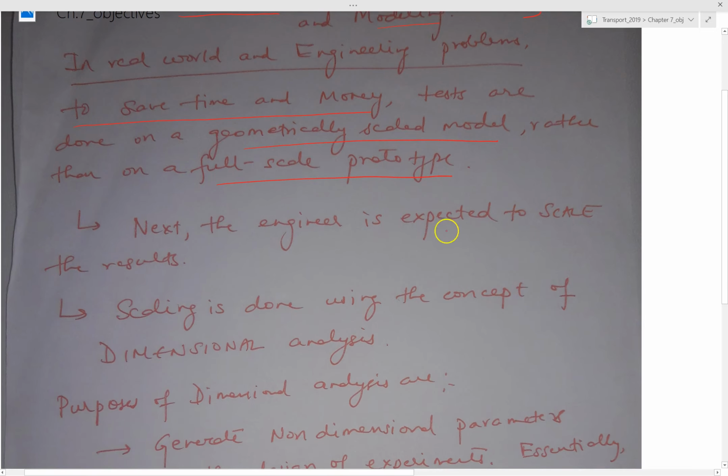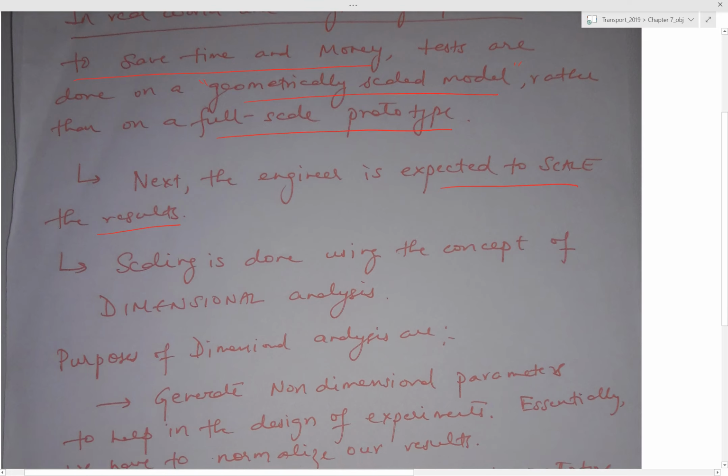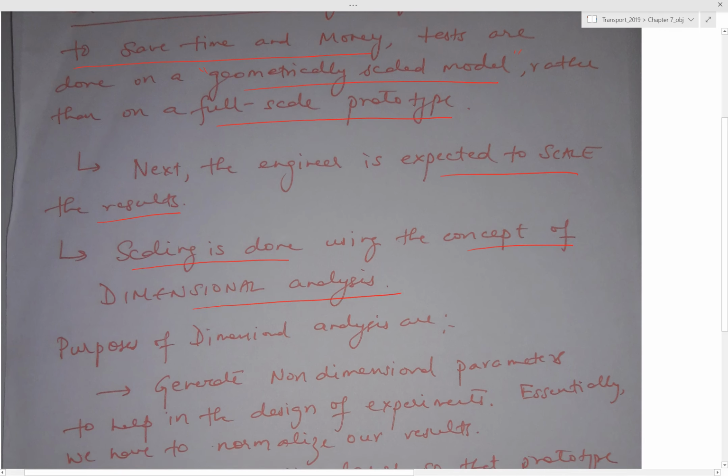Next, the engineer is expected to scale the results based on the experiments he or she conducts on the small scale model. Okay, and then scaling is done. The procedure for scaling is done using the concept of dimensional analysis, and what you will be learning in this chapter.